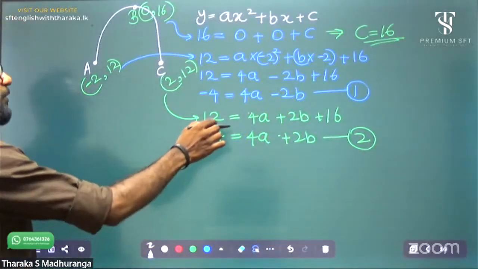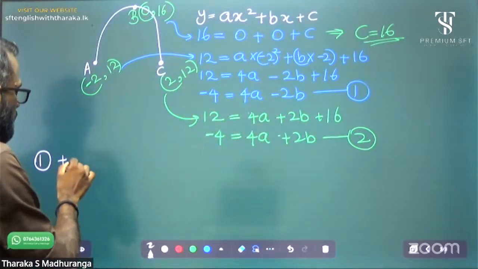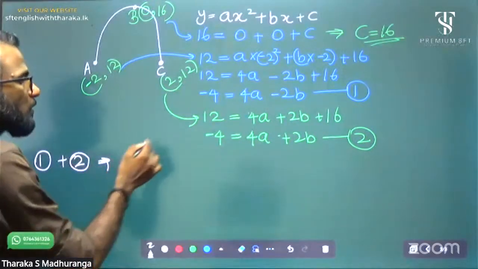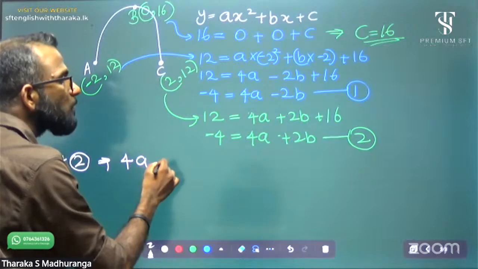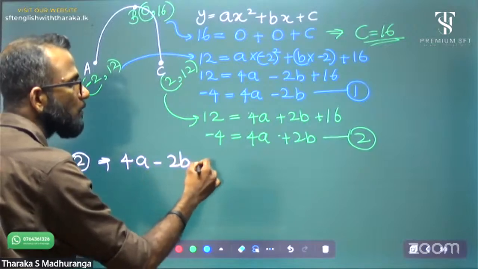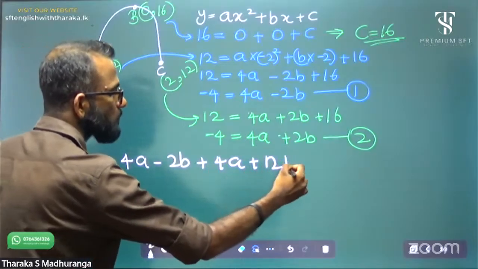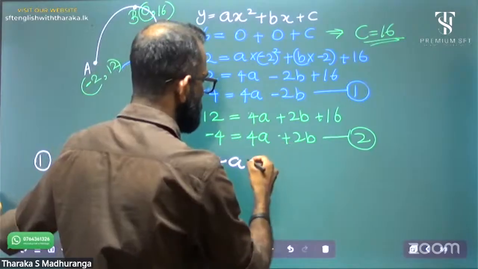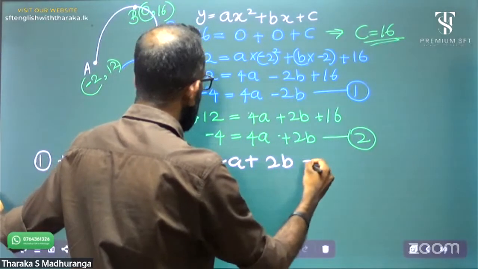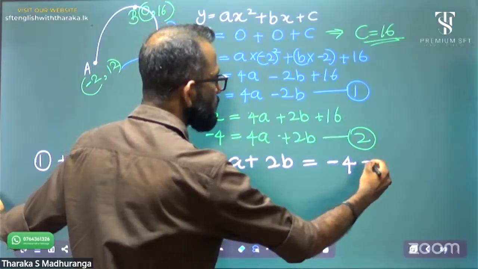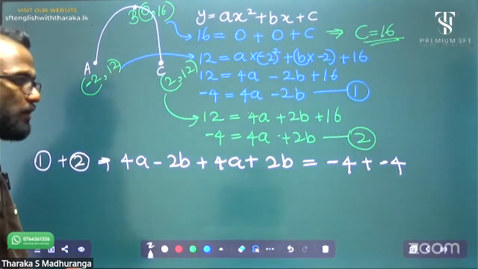Then I am going to add the first equation to the second equation. First equation added with second equation. Now 4a minus 2b plus 4a plus 2b equals minus 4 plus minus 4.